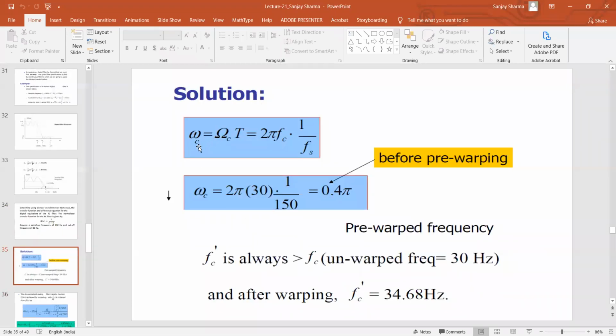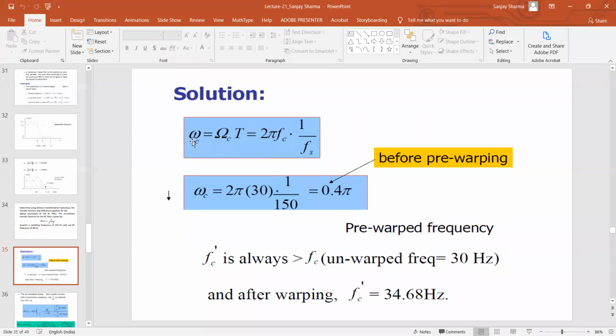Now, what is omega C? Omega C is capital Omega C times capital T, so I will get omega c value in terms of pi, in terms of radians, right? Because please remember, digital frequency has no units. Capital omega c has units of radians per second, but this is a unitless quantity because this is a ratio of two frequencies, right?